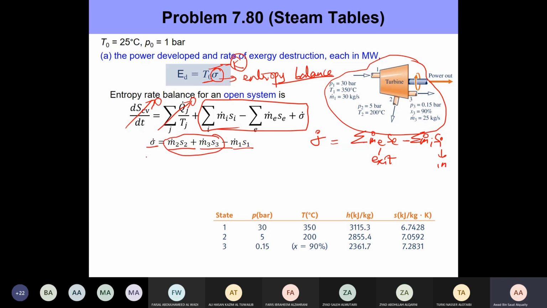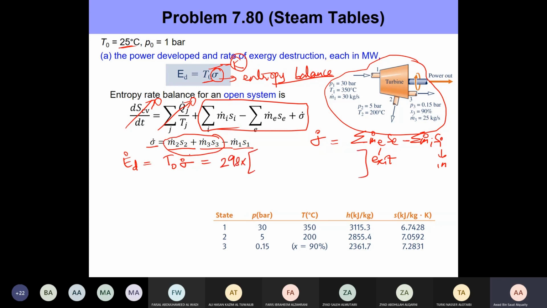We are not just looking for sigma dot, we're looking for exergy destruction. Exergy destruction is T naught times sigma dot, where T naught of course needs to be in Kelvin. Here the value of T naught is 25 degrees Celsius, so you convert that into Kelvin, that's 298 Kelvin, times the values.